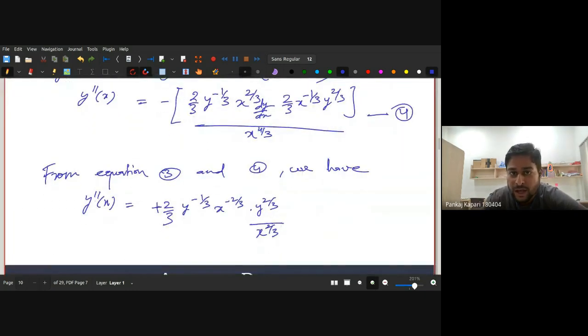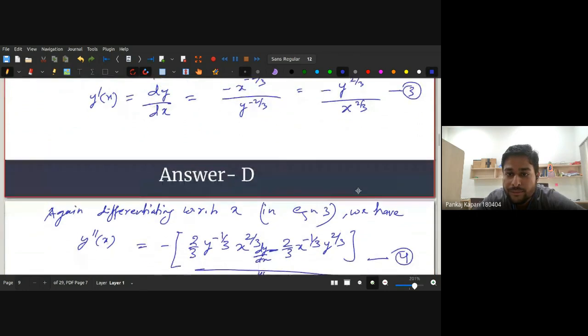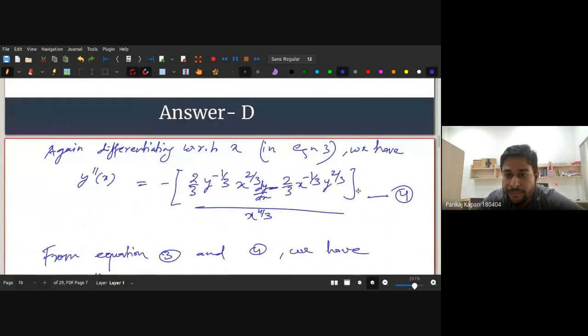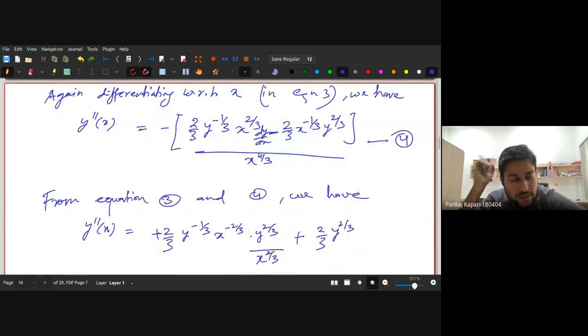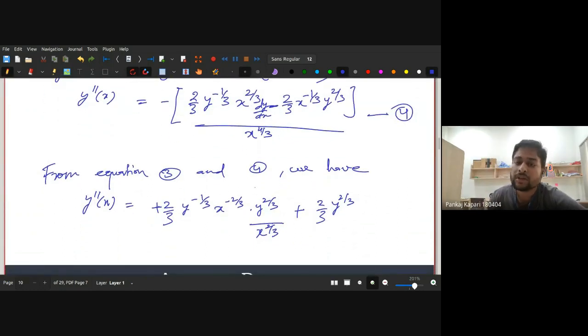Okay, and then there was this minus sign, which again, minus minus will become plus if you open the bracket, and then you will have 2/3 y to the power 2/3 and x to the power minus 1/3 and minus 4/3, which is minus 5/3.